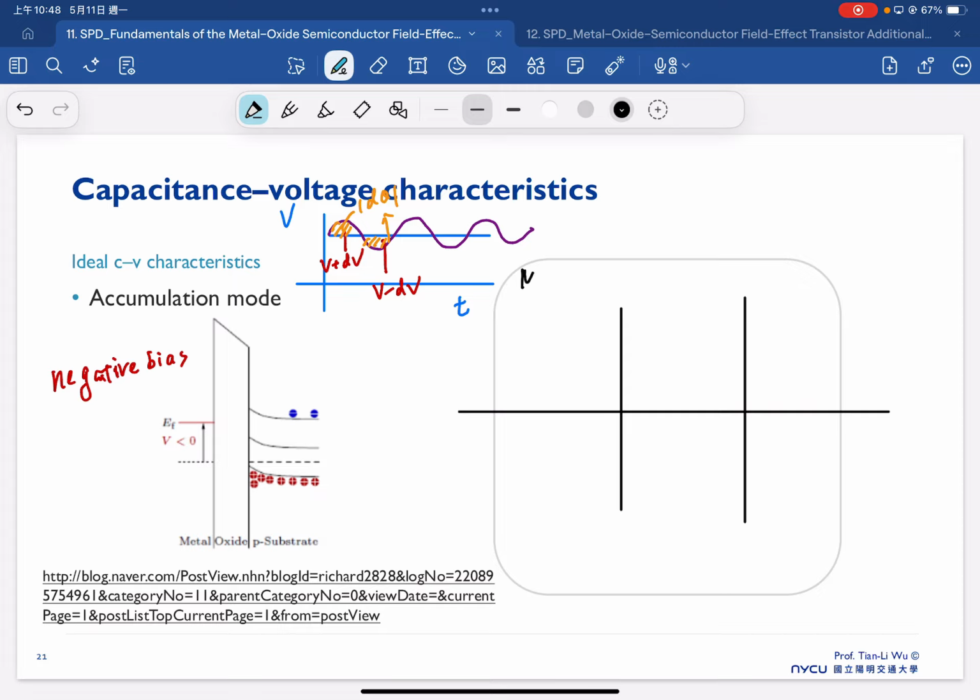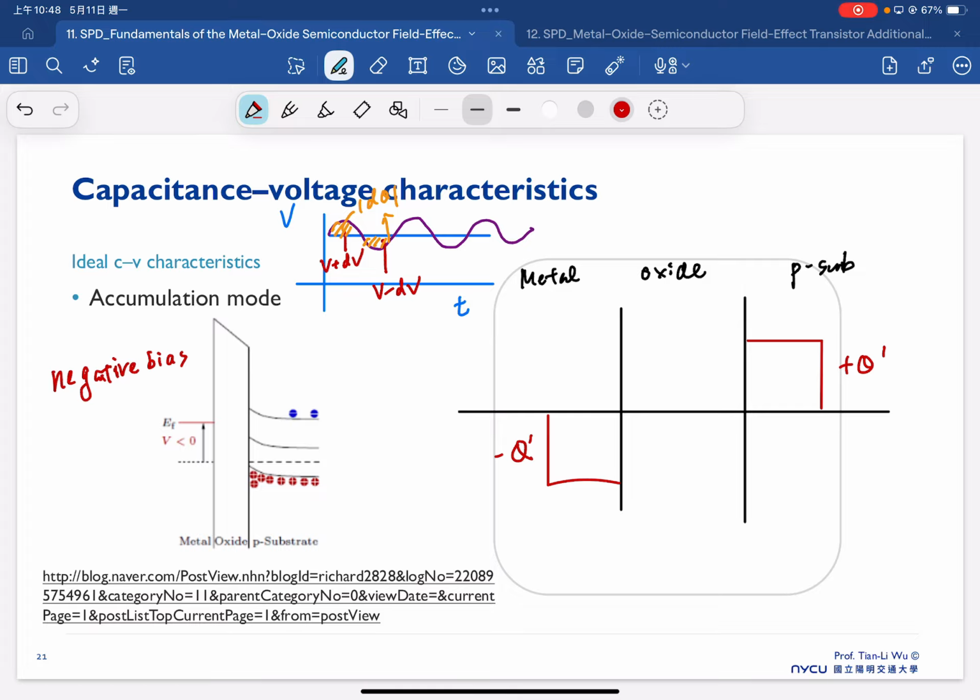So we have a metal, oxide, and P-type substrate here. Because we apply a negative bias, we can consider negative charge on the metal side, minus Q, and positive charge on the substrate for charge neutrality.